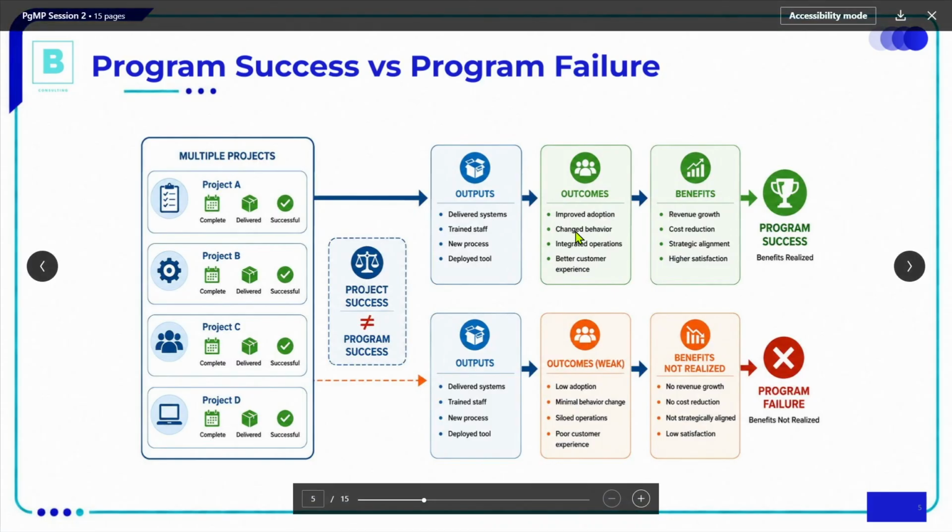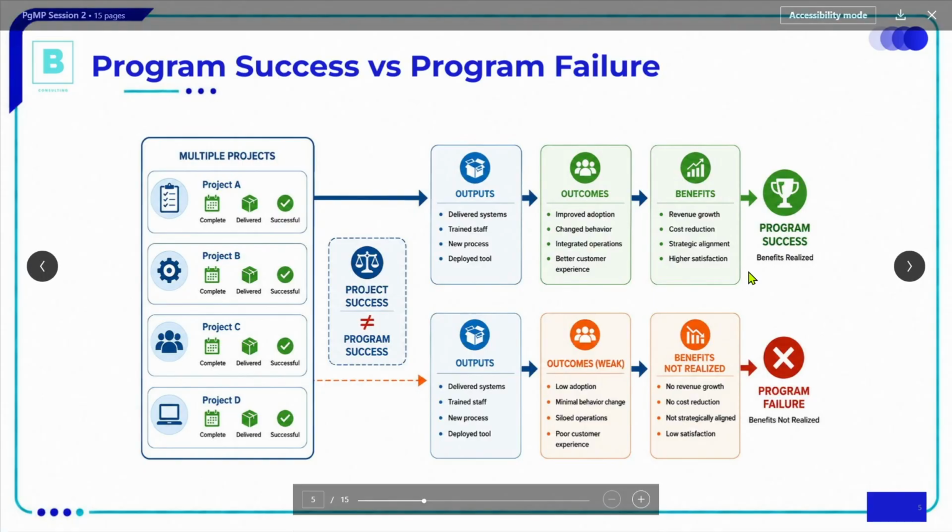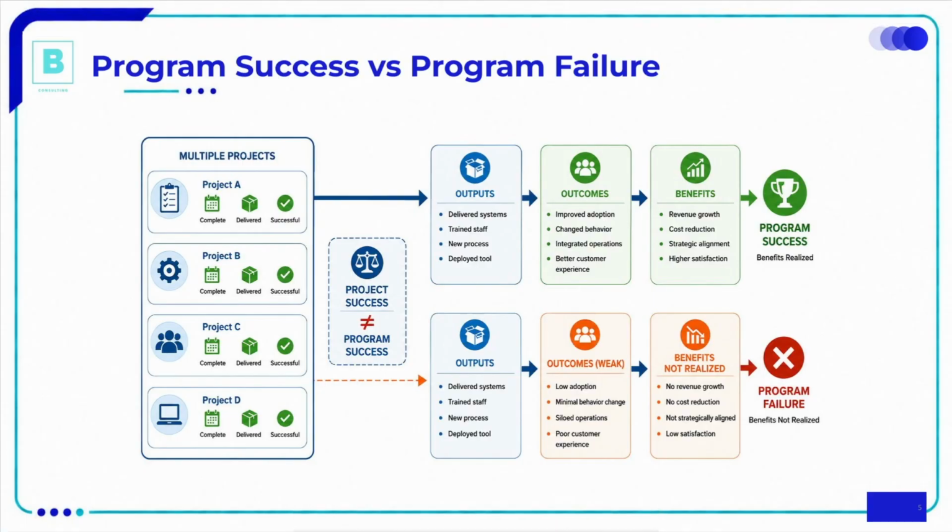For Project Two, the behavior change of the staff. For Project Three, the outcome was better integrated operations, and for Project Four, improved customer experience. So here the program will see benefits: revenue growth from Project One, cost reduction from Project Two, more strategic alignment from Project Three, and higher satisfaction rates from Project Four.